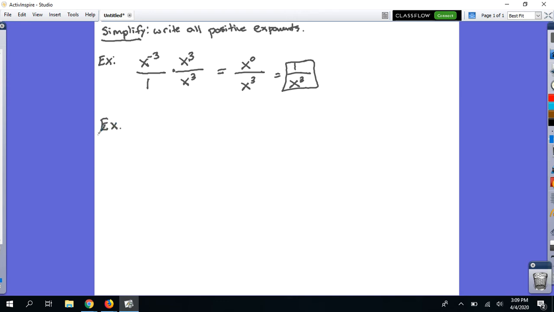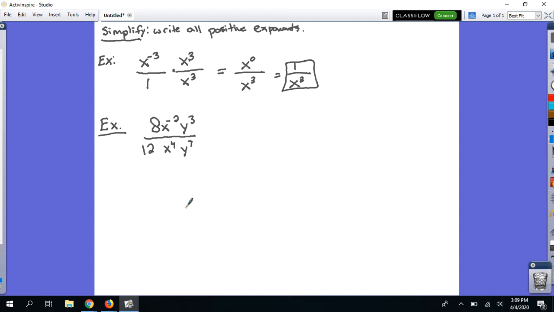Next example. What if it started as 8x to the negative second y cubed over 12x to the fourth y to the seventh? All right, a lot of you would be looking at that and saying, wow, there's a lot of terms in that problem.